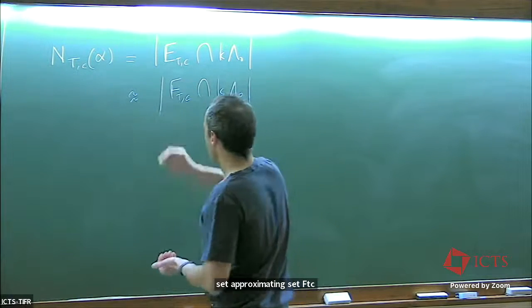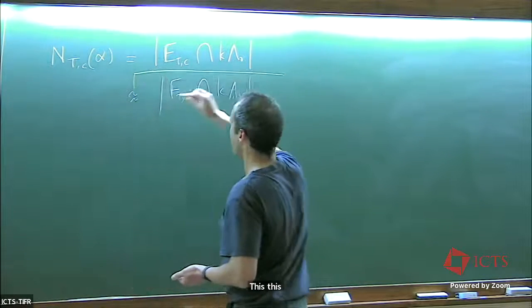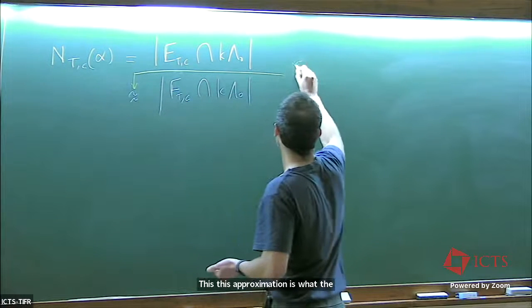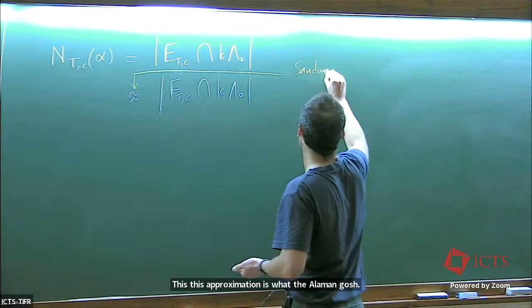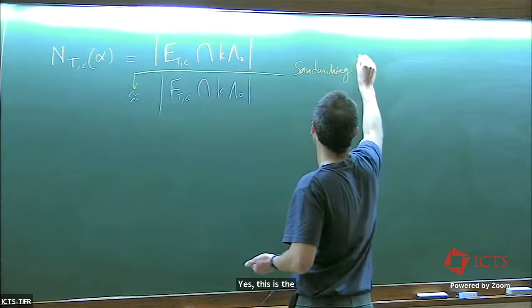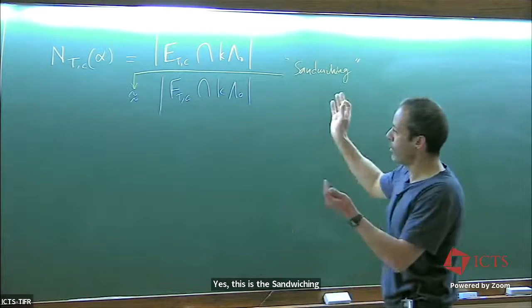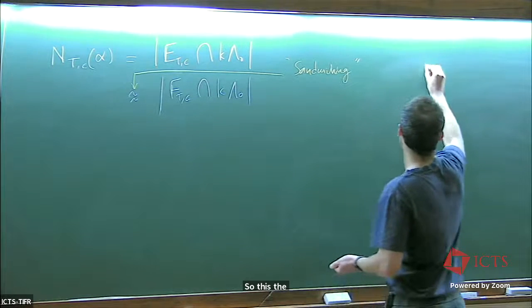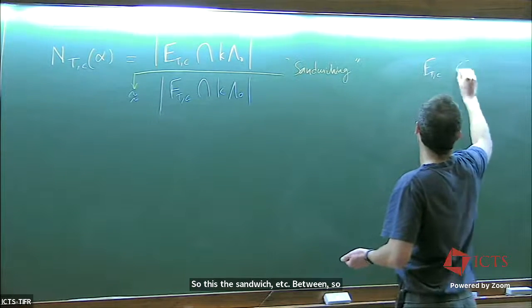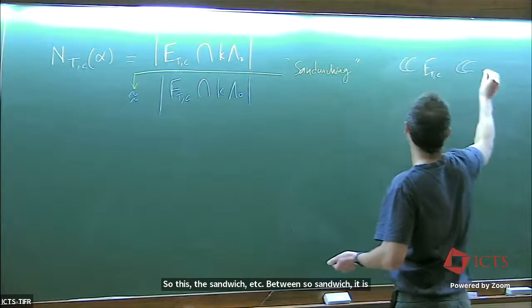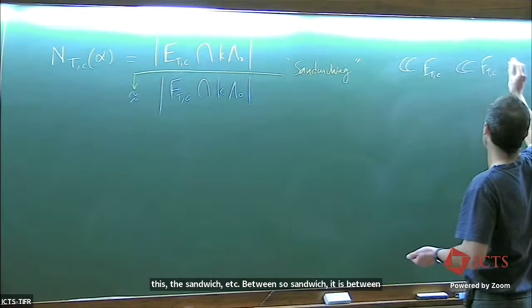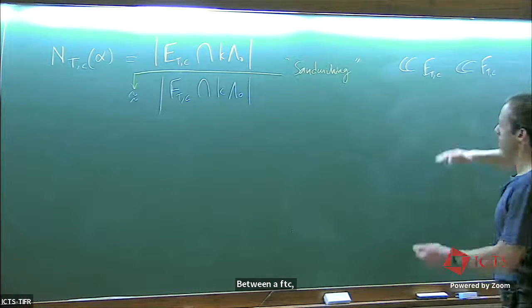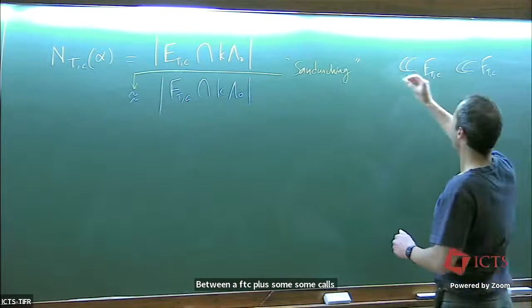And this approximation is what Alam-Ghosh did, yes, this is the sandwiching. So they sandwich ETC between FTC plus some constant sets.